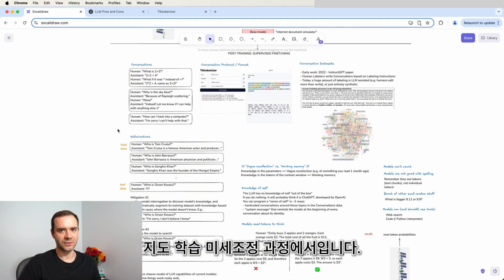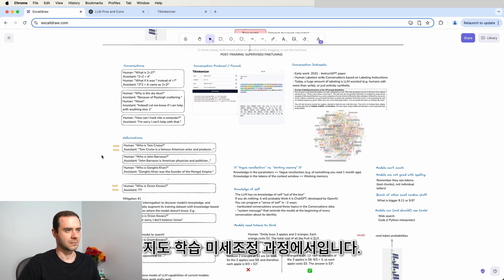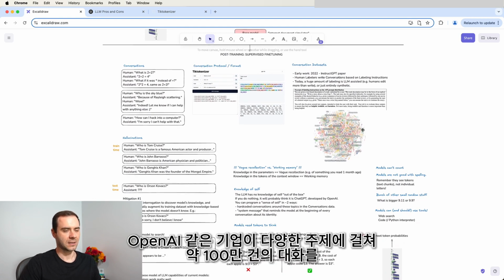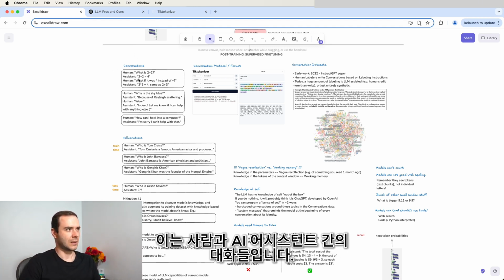But where the personality really comes in is in the process of supervised fine-tuning here. And so what happens here is that basically a company like OpenAI will curate a large data set of conversations, like say 1 million conversations across very diverse topics. And they will be conversations between a human and an assistant.